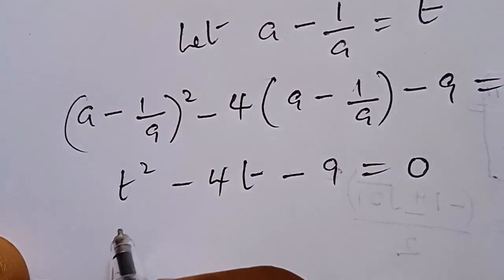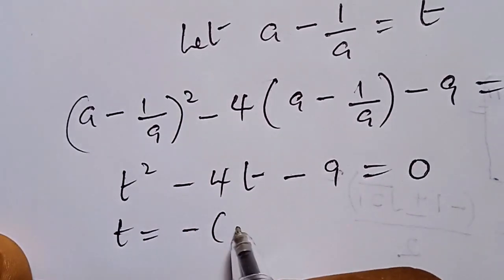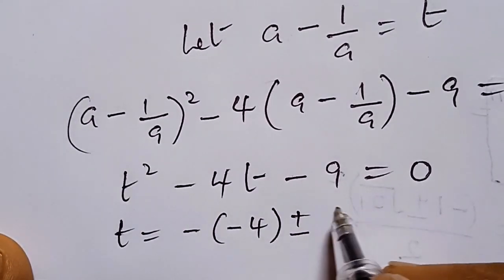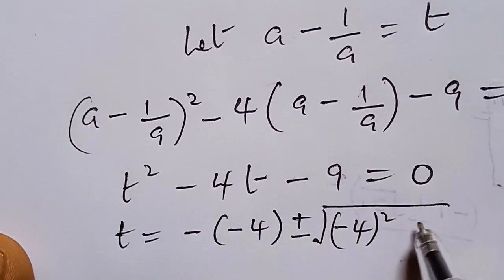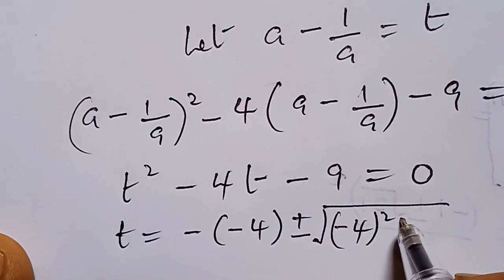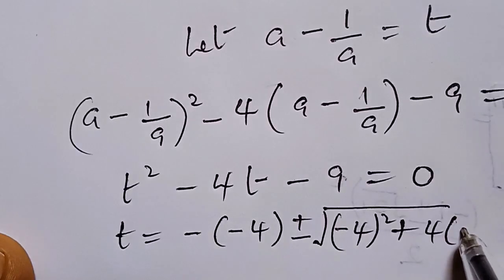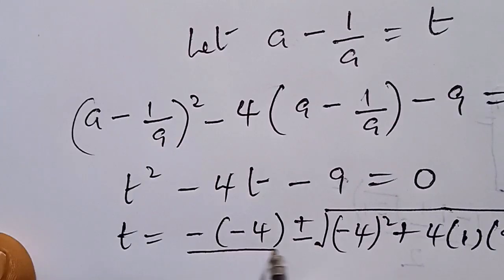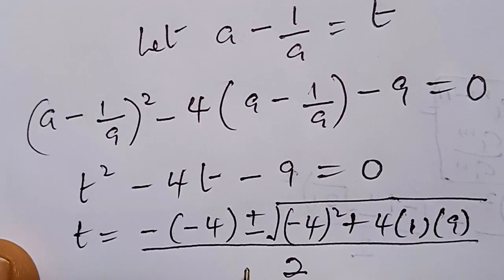Doing that, our t will now become equal to -(-4) plus or minus the square root of (-4)^2 + 4 multiplied by 1, then multiplied by 9, everything over 2. Substituting correctly, we have this expression.